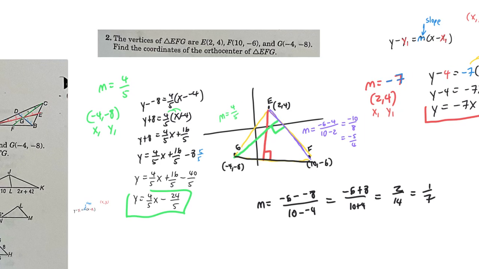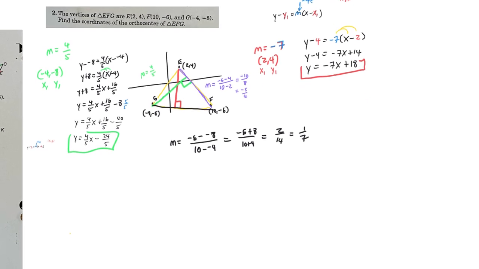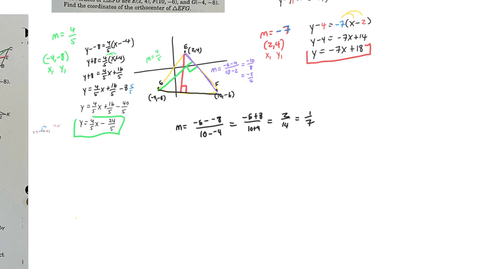So if we want the orthocenter, then we would have to find the intersection between this red altitude and this green altitude. We have the equation for the red altitude, it's right here. We have the equation for the green altitude, it's right here. So we could do a system of equations where we set them equal to each other.